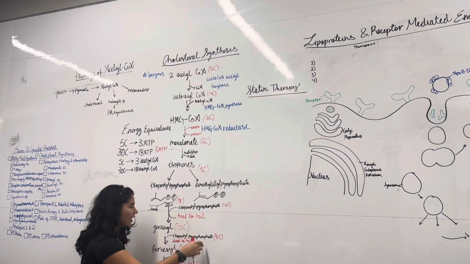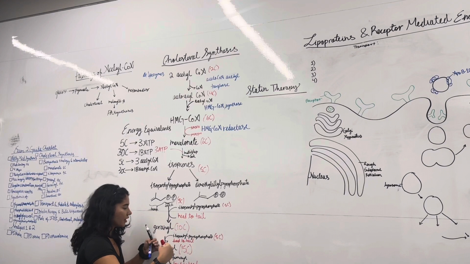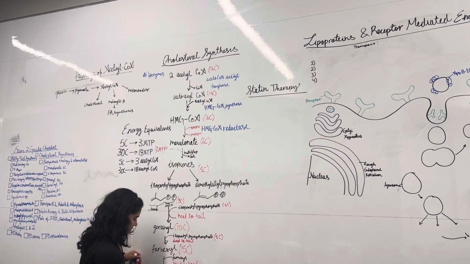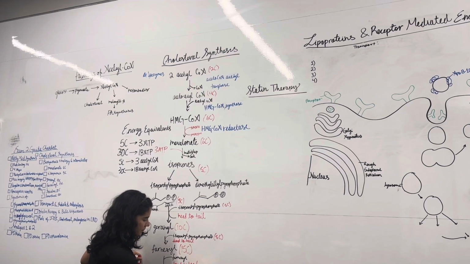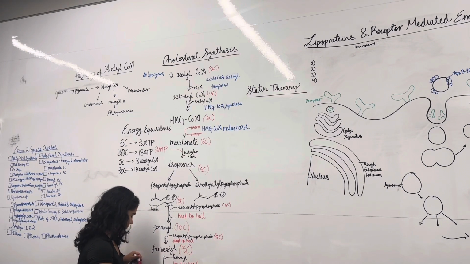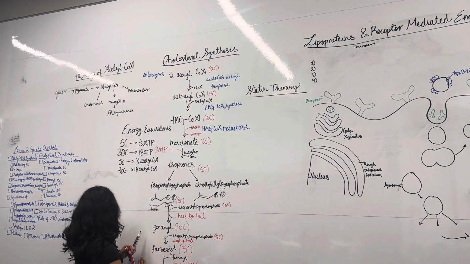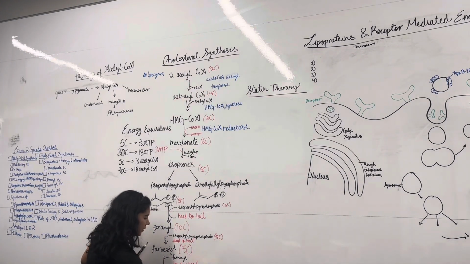So the first two, head to tail, head to tail. This one is head to head. We're just joining those carbons up together. And this one is gonna make squalene 2,3 epoxide. Actually, we don't need to know, right? Just make squalene. Yeah, I'm gonna do squalene.